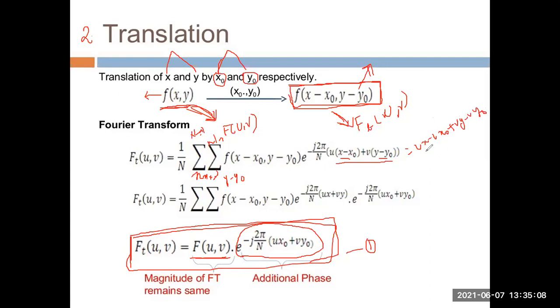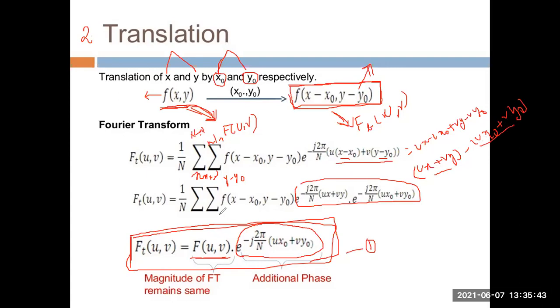I combine and write this as u x plus v y, and the minus terms are taken out, which gives u x0 plus v y0. Fine. Now we have opened this and elaborated it, so this can be written as two functions. One is e to the power of minus j 2 pi upon n times (u x plus v y), this term. The second one is e to the power of minus j 2 pi upon n times (u x0 plus v y0).